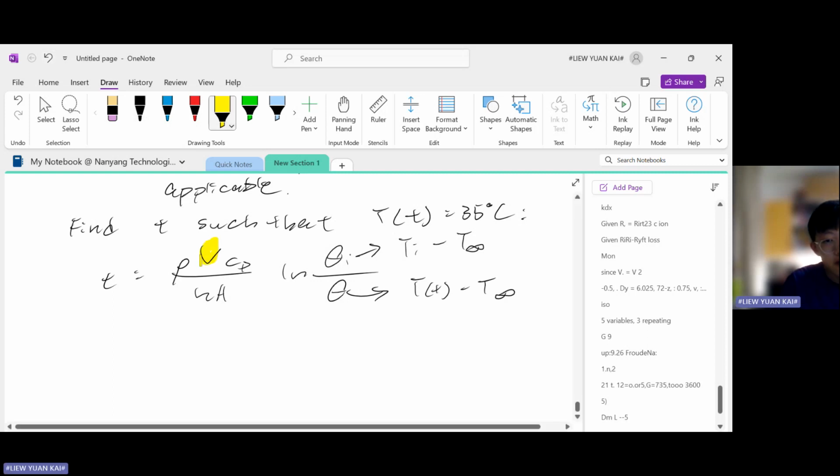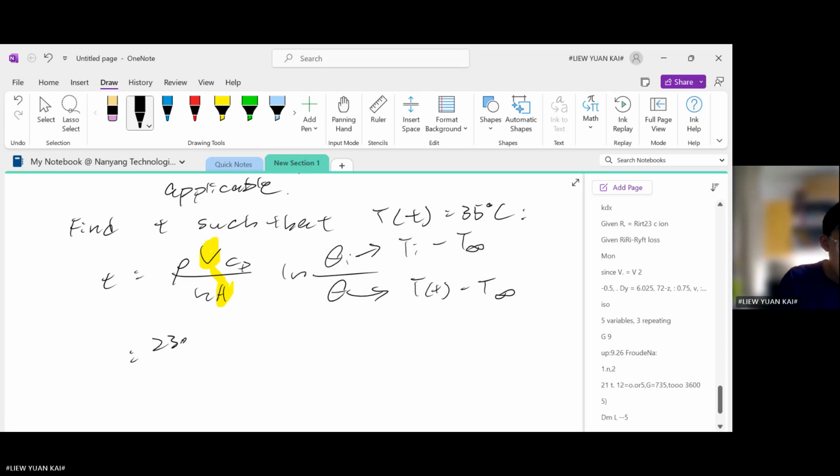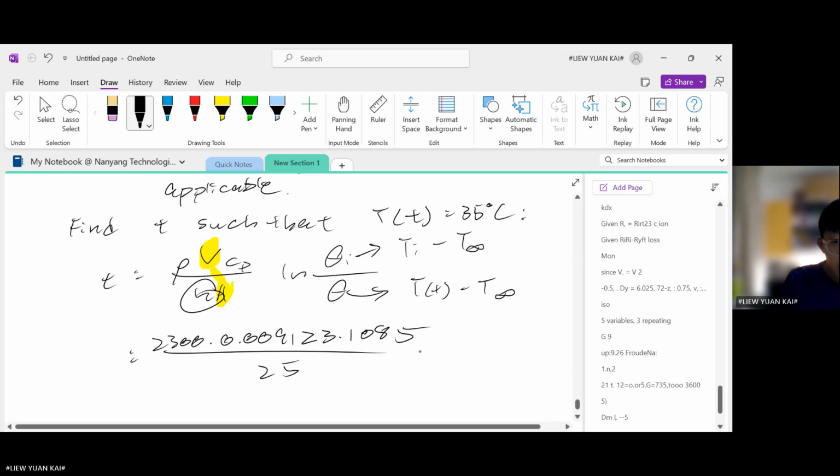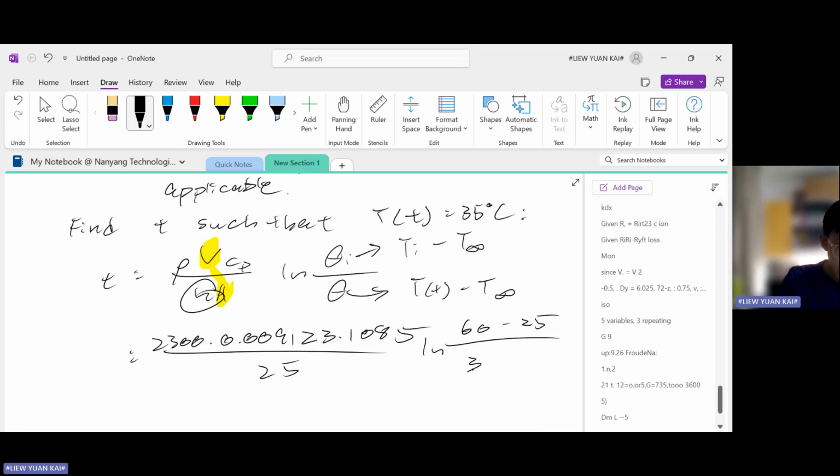Then remember, V over A is the characteristic length, then rho is still the same, and this is the specific heat capacity. And then remember, h has already changed to 25 now. So here will be 60 minus 25 divided by 35 minus 25.